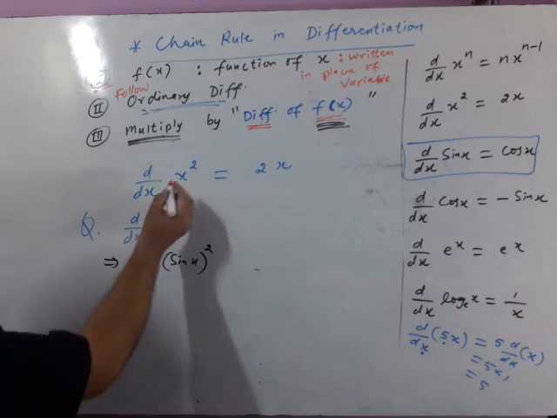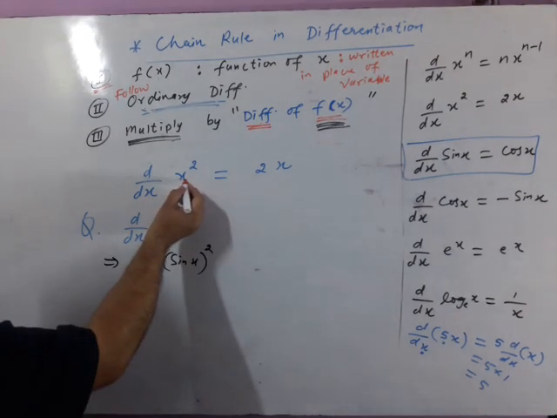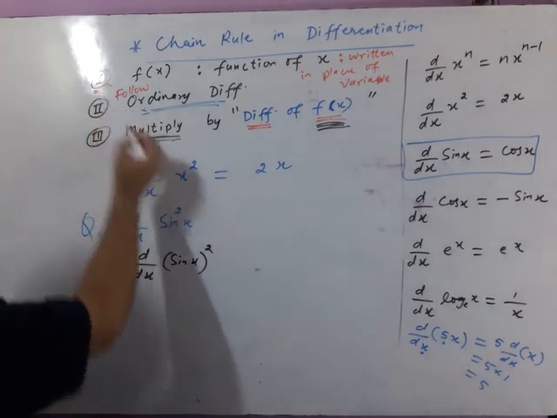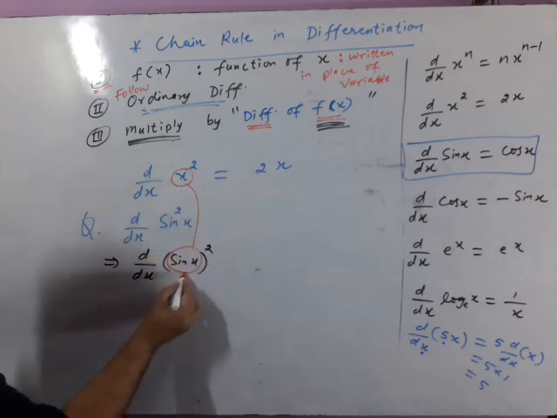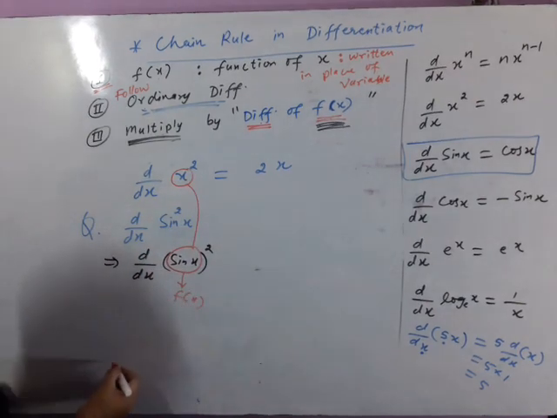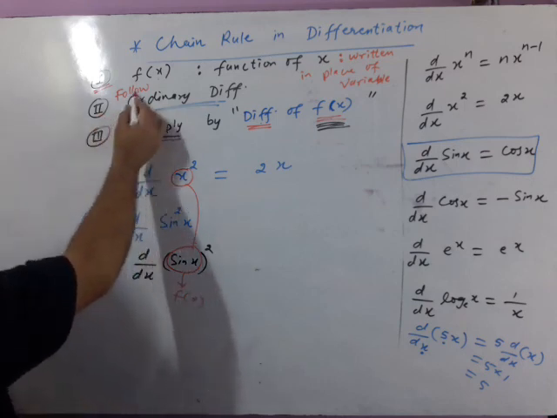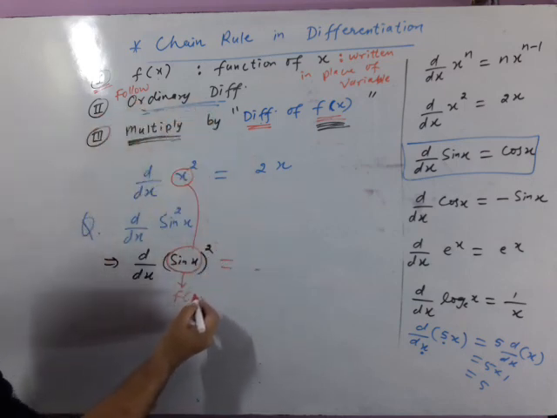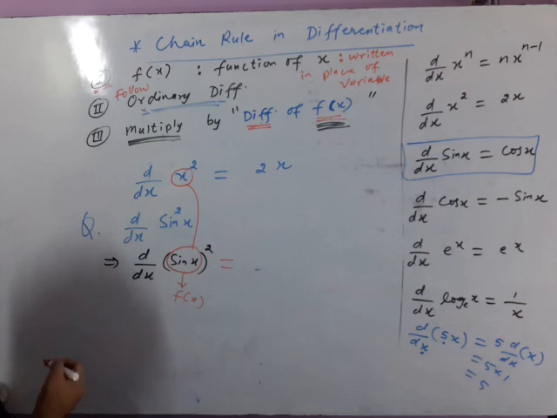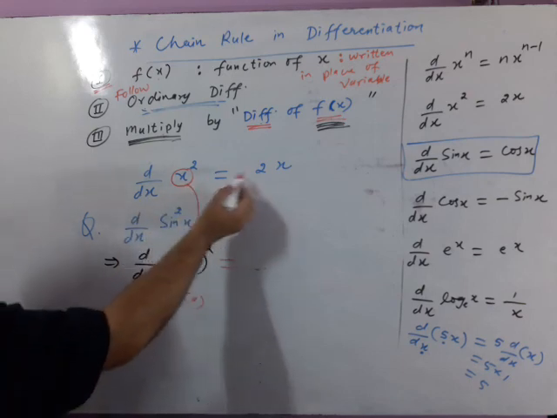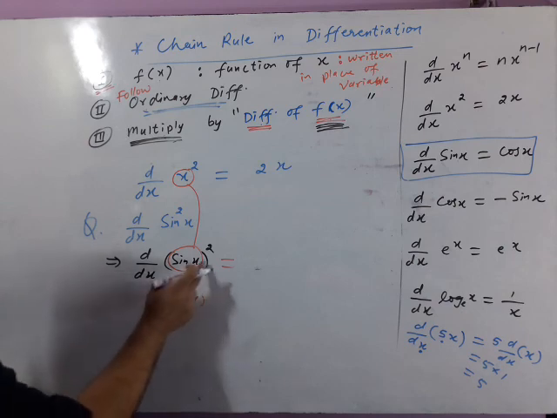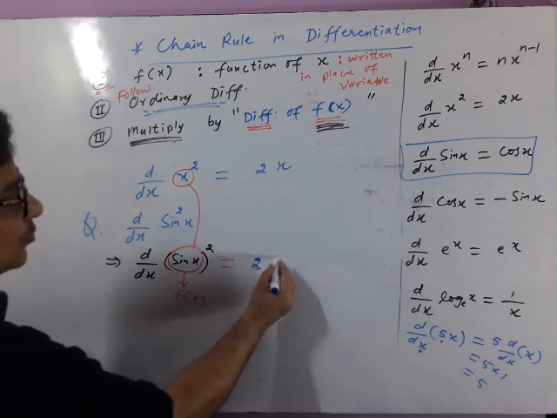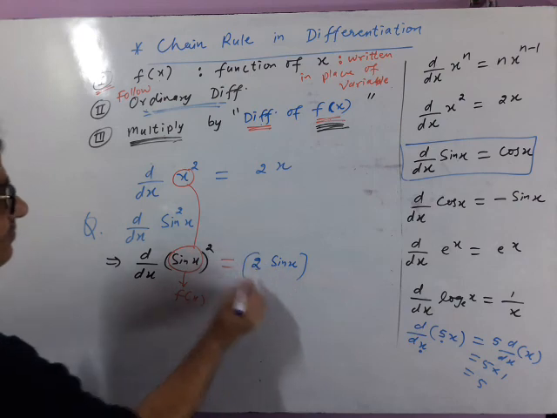Now compare with the basic formula of differentiation. Step number 1: what is written in place of x? Sin x. So sin x is the function of x. Step number 2: follow ordinary differentiation. Like the differentiation of x square is 2x, similarly the differentiation of (sin x) whole square will be 2 sin x.